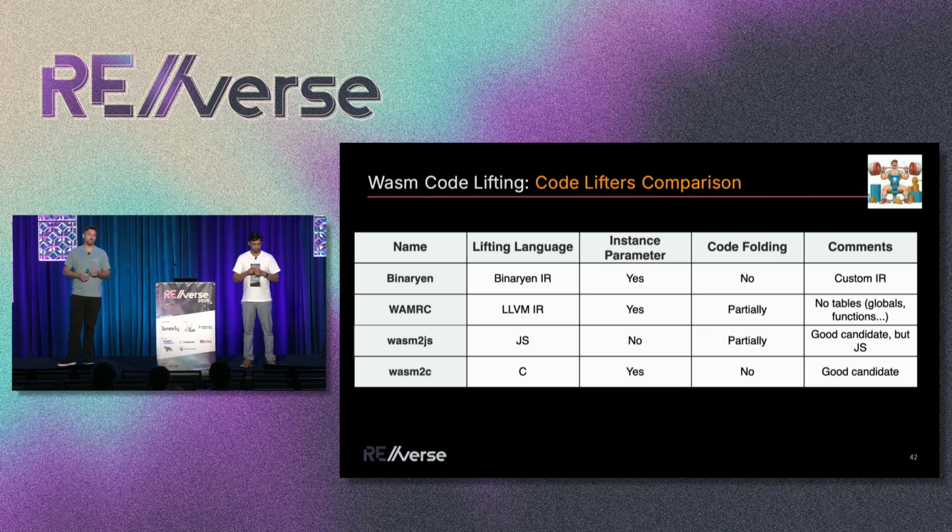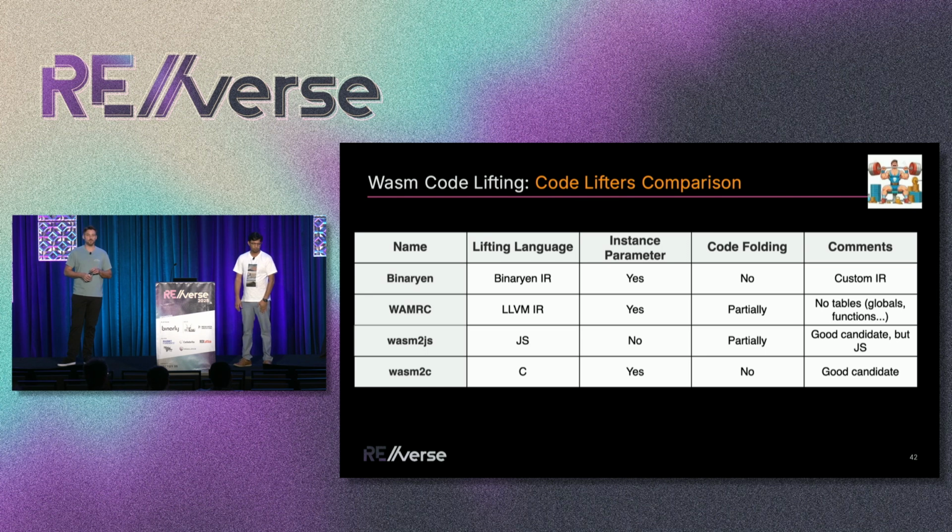WAMR lifts into LLVM IR. One thing to mention, it has an instance parameter, which might be interesting, but we won't talk about it for now. The code was folding partially, but when we used bigger samples that used tables and so on, it didn't fold anymore. We started to understand that something was missing and we needed to look into this.